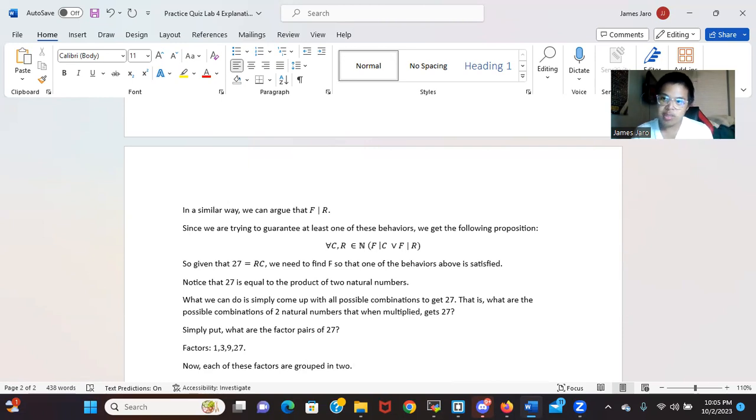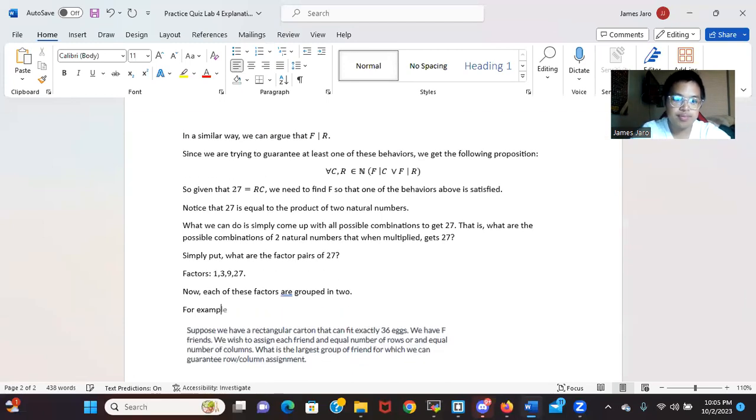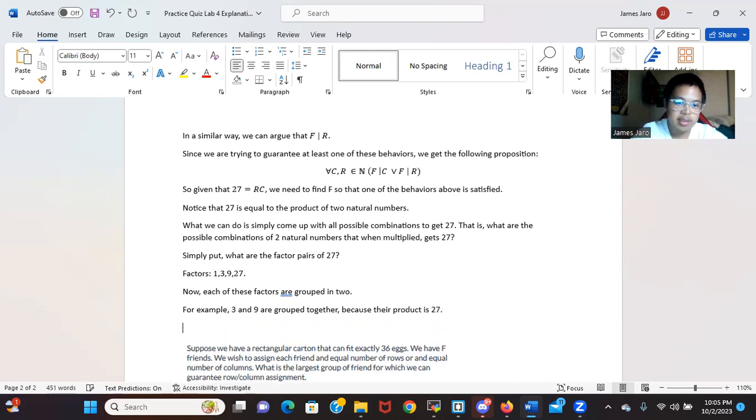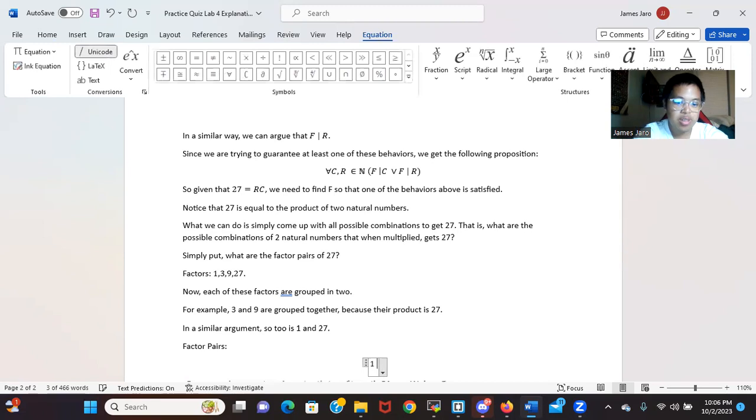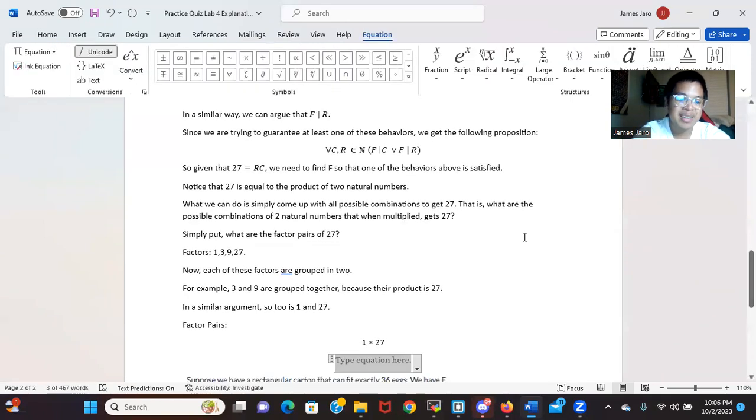You have to take any two of these factors and multiply them together to get 27. For example, 3 and 9 are grouped together because their product is 27. In a similar argument, so too are 1 and 27. So we only have two factor pairs: 1 times 27, and 3 times 9.